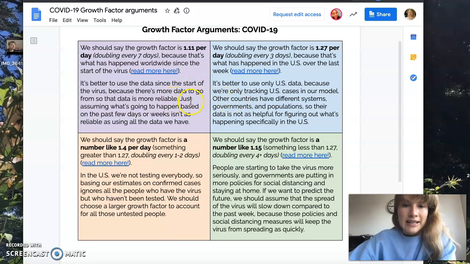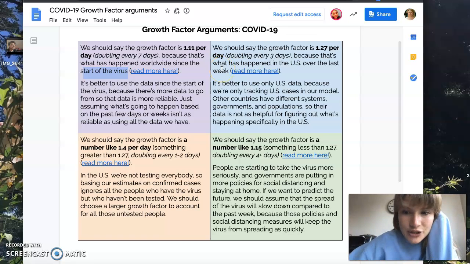The difference between these two is the 1.27 uses US data, so just data from this country, and it only uses US data from the last week. Over here, the 1.11, that's data from the whole world, and it's also since the start of the virus. So the starting time is different and the location is different, the whole world versus just the US.